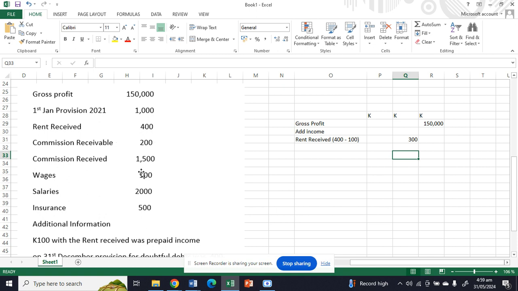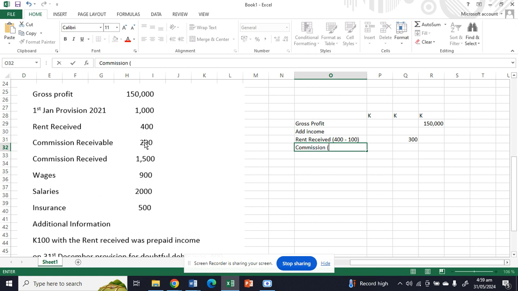Okay. So what we're going to do is we're just going to first add this 200 to the 1,500. So this commission received, this 1,500 we've received, it's been paid to us. Okay, but this 200 is remaining.